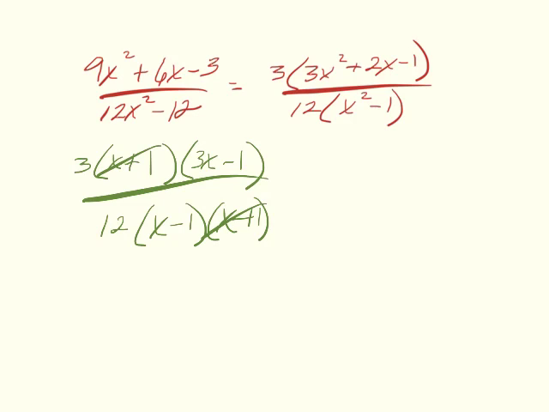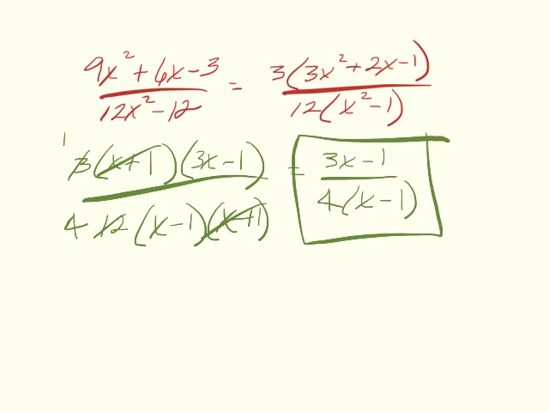And we have 3 over 12, so we'll cancel that and cancel that, leaving us with 3x minus 1 over 4 times x minus 1. Alright, so that is the simplified version of that once we factor, and the only reason we factor is so that we can cancel.